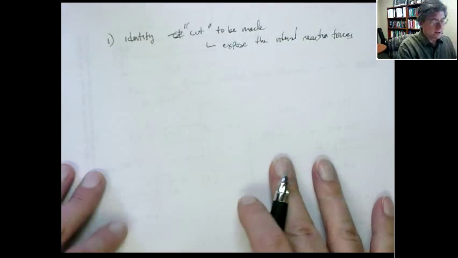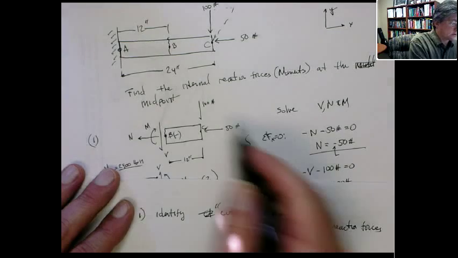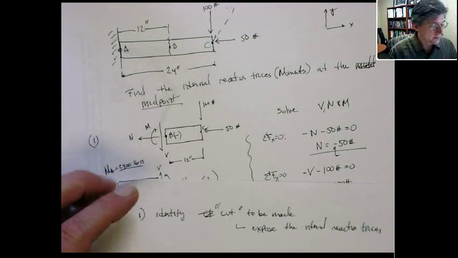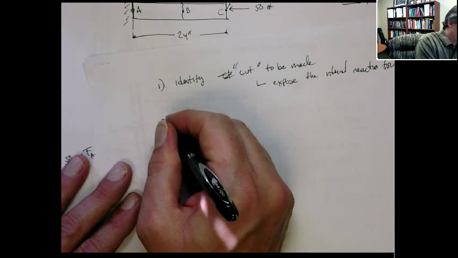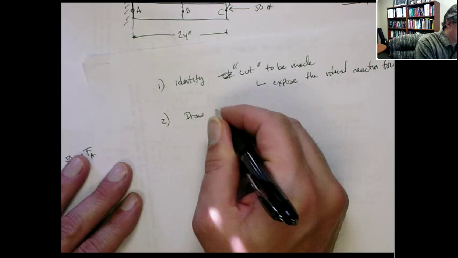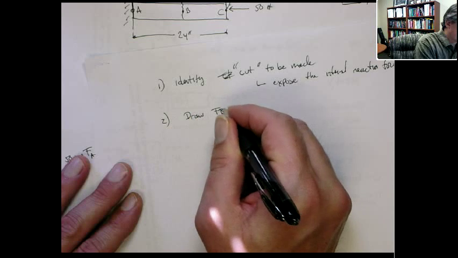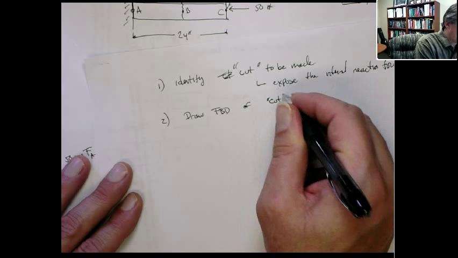In this particular case, you can see we cut right through the middle, because that's where the problem asks you to find the internal reaction forces. Once you do that, we're going to have to draw the free body diagram. Now this is going to be the cut body.